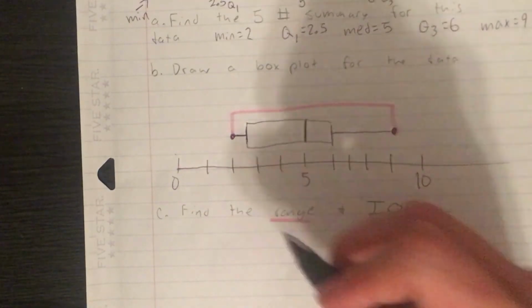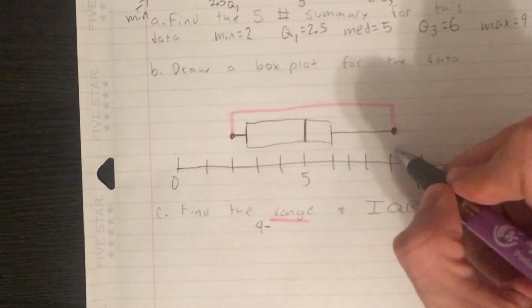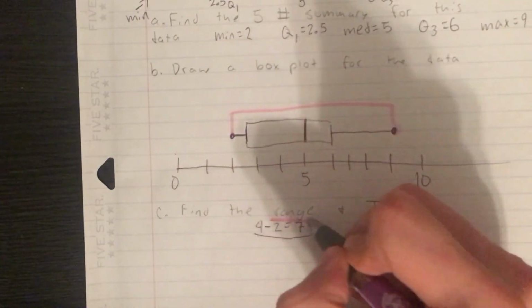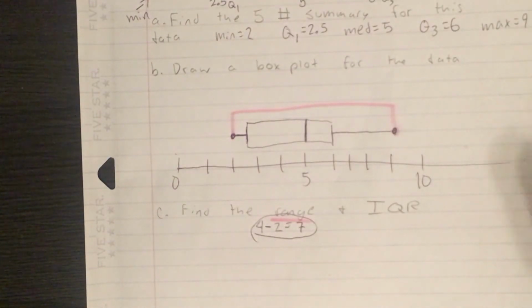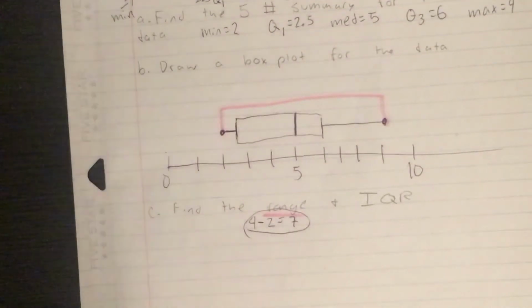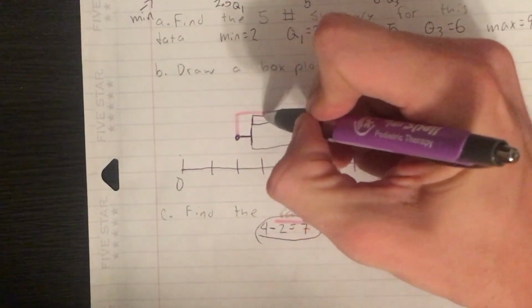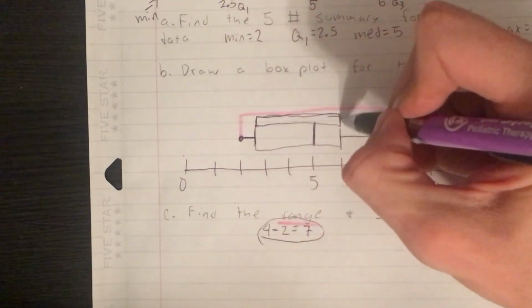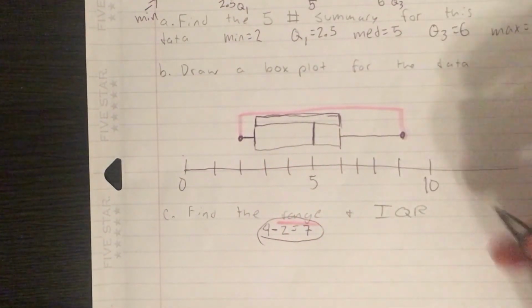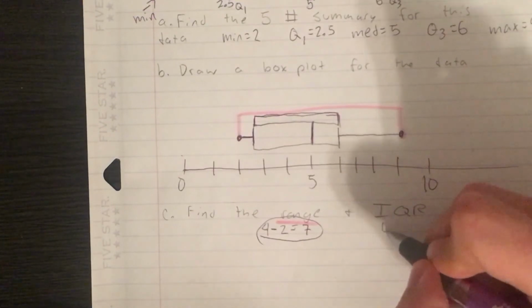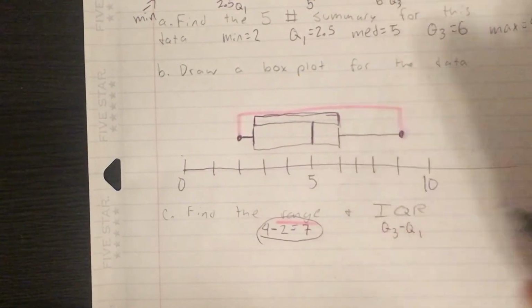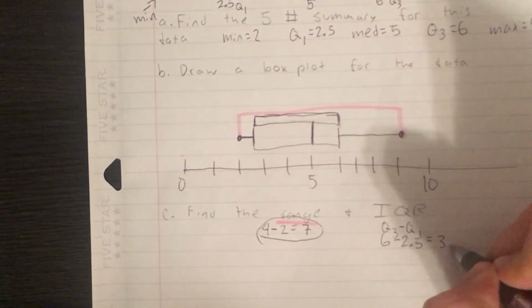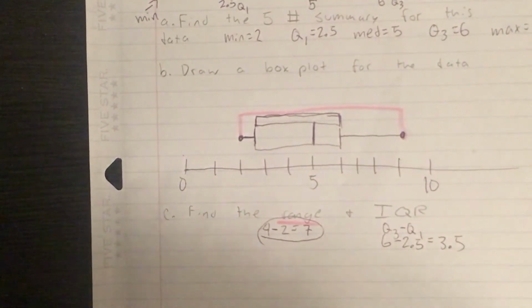That's going to be 9 minus 2, which is 7. And then for the IQR, you're finding how long this box is on a box and whisker plot. That's Q3 minus Q1, so 6 minus 2.5, which is 3.5.